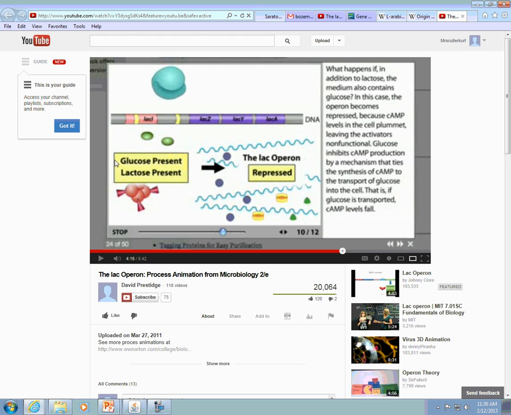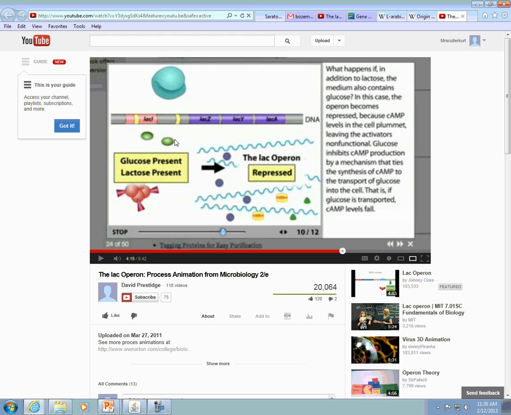And what happens when glucose is present, the cyclic AMP and that cyclic AMP protein, they drop down dramatically. So they have an inverse relationship to glucose. Low glucose, high cyclic AMP.